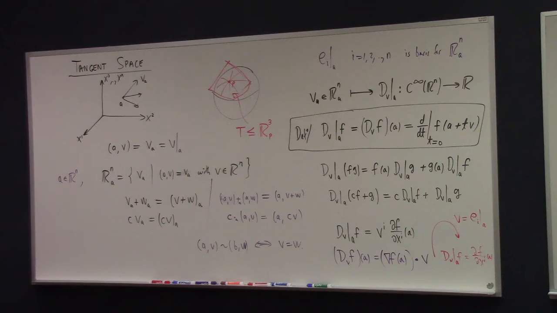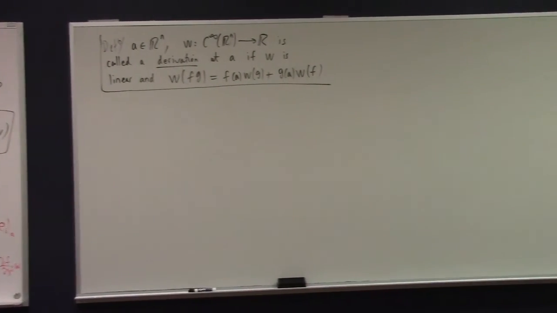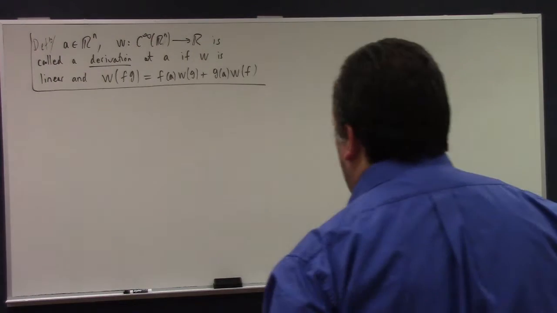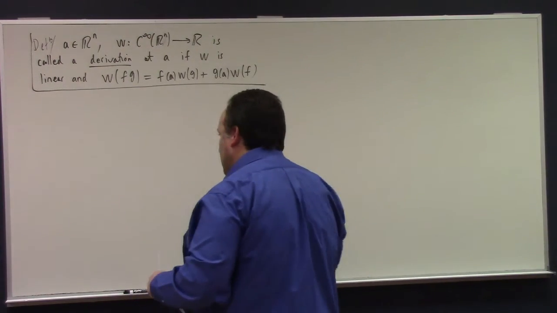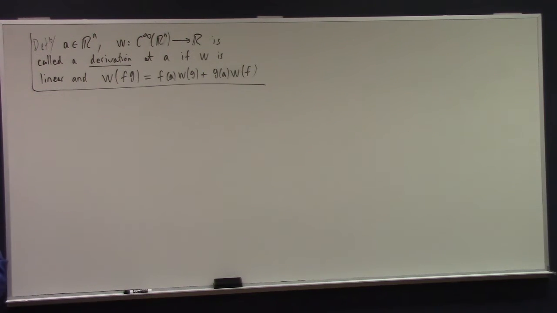Now derivations are going to be what we primarily take to be our tangent space in this course. Our primary view of what a tangent space to a manifold is going to be a set of derivations. That's why we're doing this, because, as he explains at the end of the chapter, that's the nicest viewpoint: it has the advantage of not being an equivalence class thing.